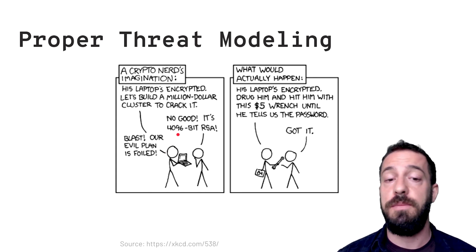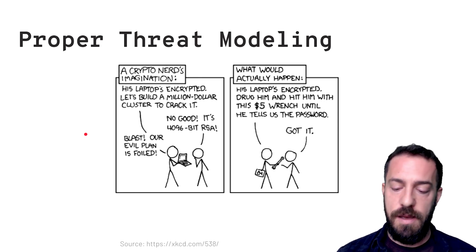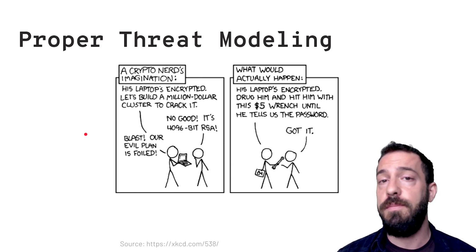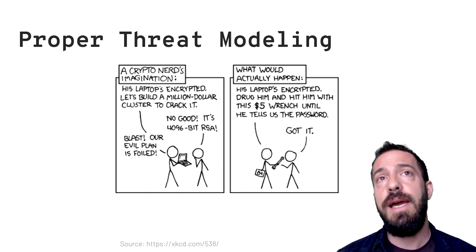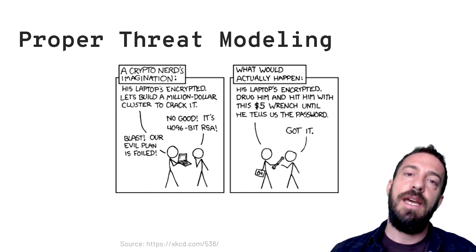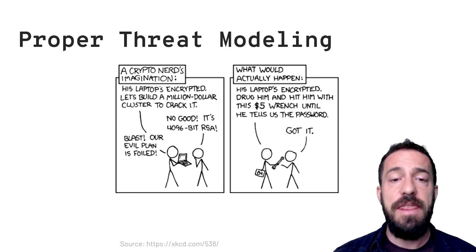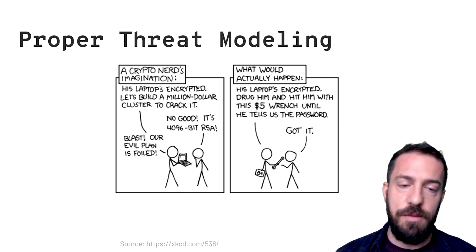That's a 4,000-bit RSA in this example. So someone is thinking, okay, to protect my data, I'm going to encrypt it with a 4,000-bit RSA. So the threat in my mind is someone cryptanalyzing and reversing RSA in order to get access to my data. And for this to happen, it is very difficult for someone to reverse RSA, especially with those bit sizes.